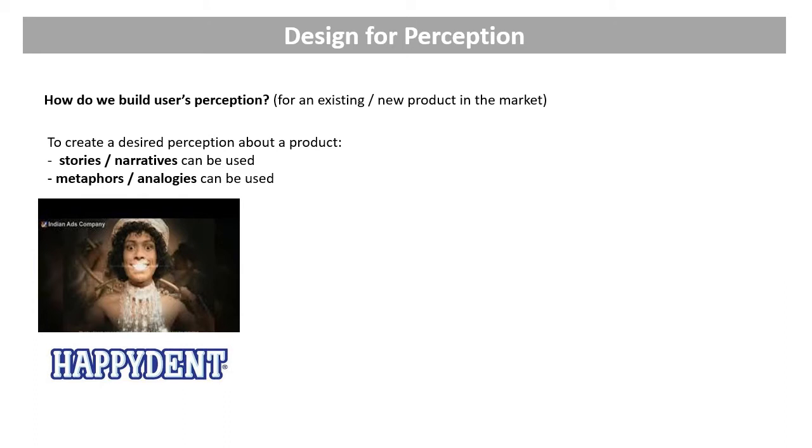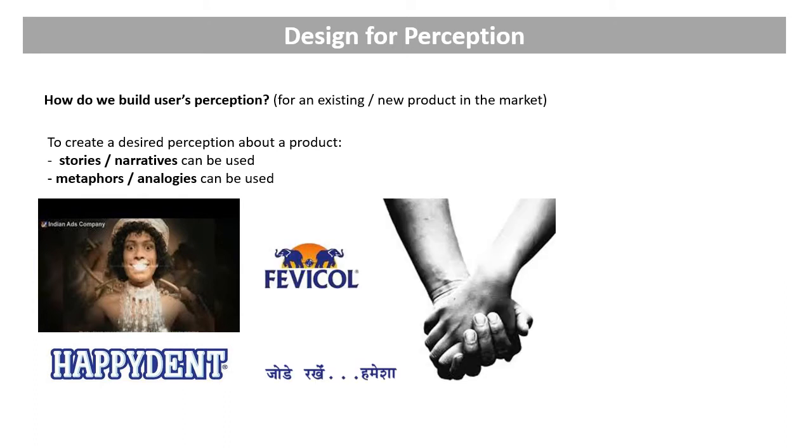One example is Happy Dent, where they create this story that if you chew Happy Dent, then the teeth will glow like anything. And even Fevicol, which is a good ad, binds people together, or binds anything.